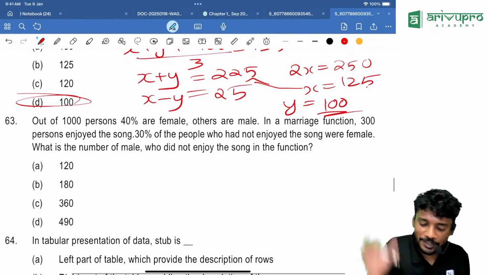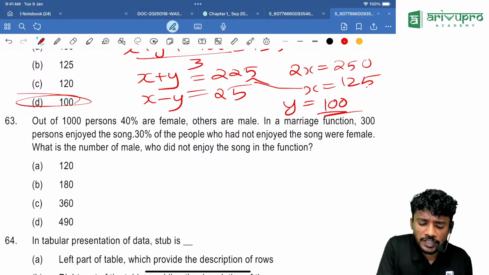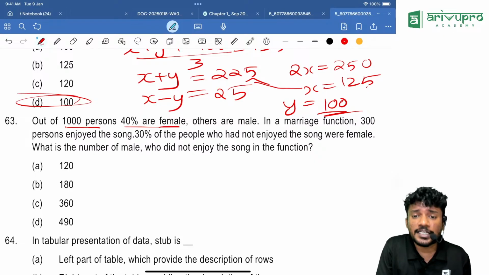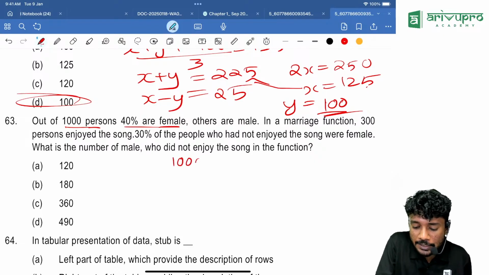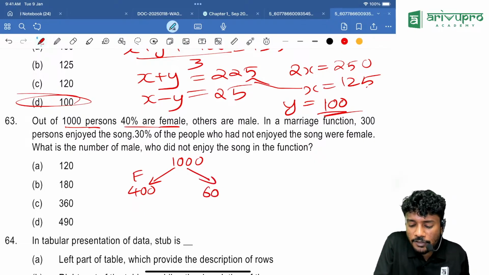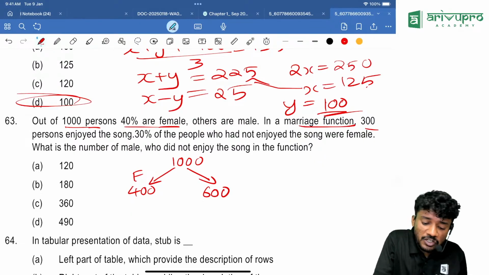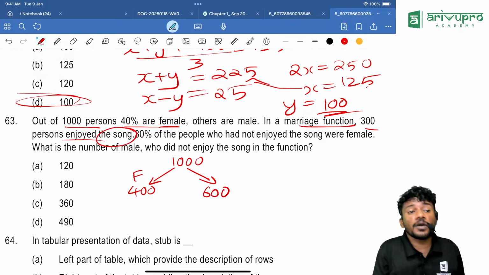Next one. Good question. Out of 1000 persons, 40% are female. What does that mean? If 1000 people are there, 400 are female. Then how many are male? Rest of them are male. In a marriage function, 300 persons enjoyed the song.